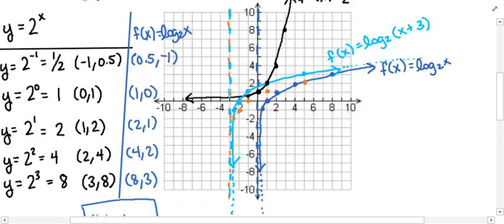Connect the dots with the same basic shape. One side will climb very slowly, and the other side will level off at the vertical asymptote here. So this orange one is the graph of log base 2 of (x plus 3) minus 1. We just took the light blue graph and shifted the whole thing down 1 unit.